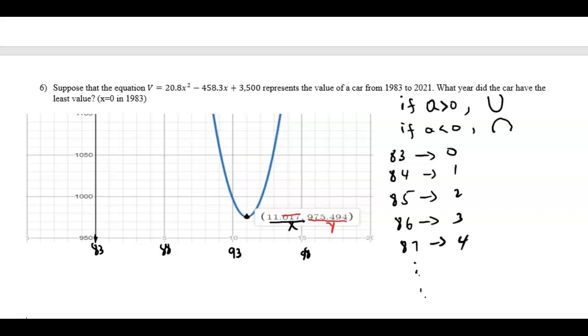So 3 plus 1 is 4, 8 plus 1 is 9, 9 and 1, so 1994. That means the car has the least value in 1994. So 1994 will be your answer. All right, so that's it.